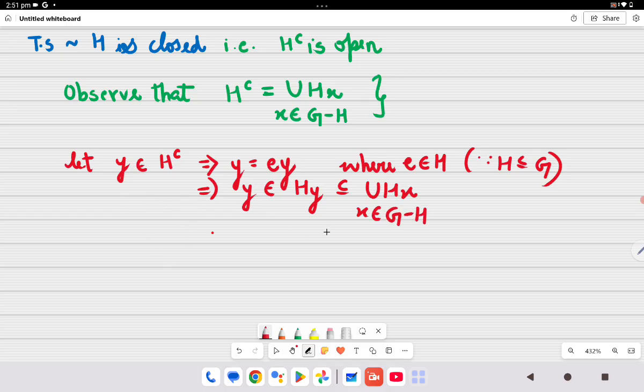So we are done in the first case: we picked an element in H complement and it is going into this union.